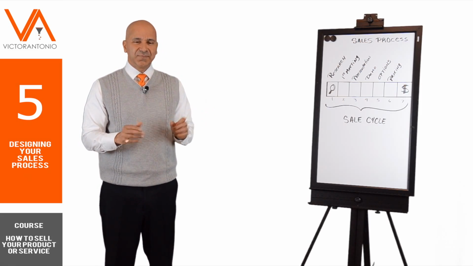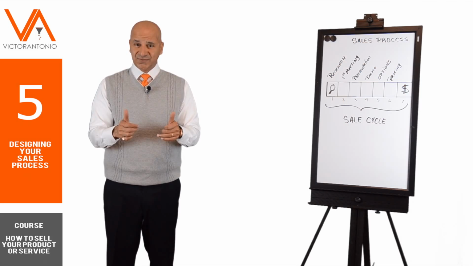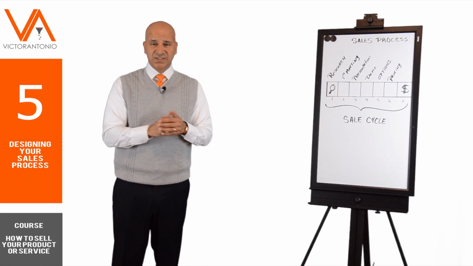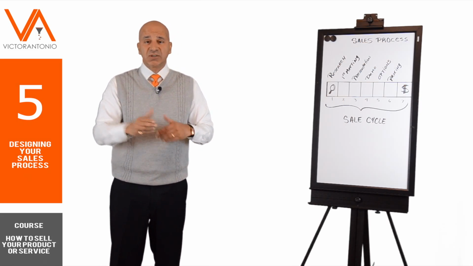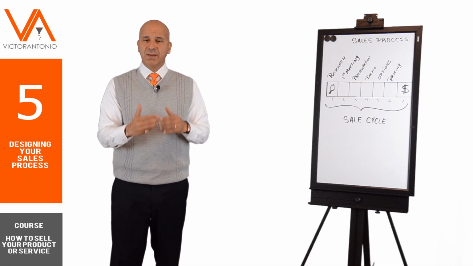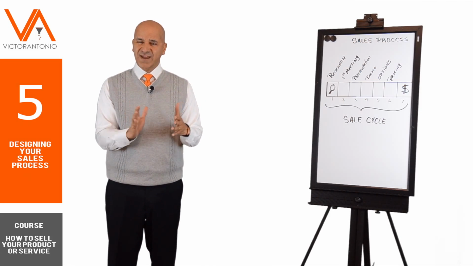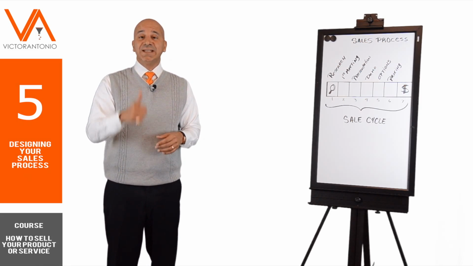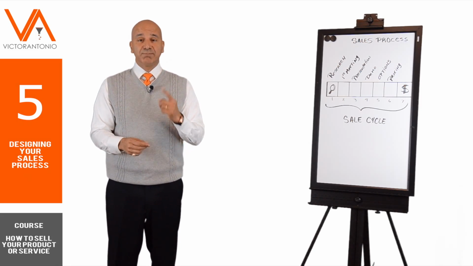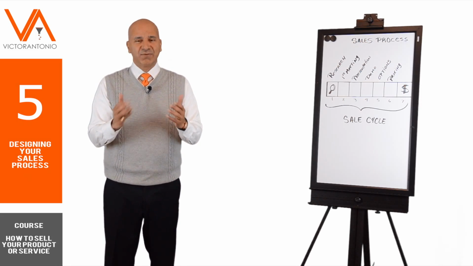But you get the idea. Having a sales process is fantastic because it gives you a sequence to follow. Tweak the sequence over time. And as you tweak the sequence, you might find ways to make it more efficient, get better at it faster, and shorten your sales cycle to increase the number of sales you get per week, per month, or per year, whatever the case may be.